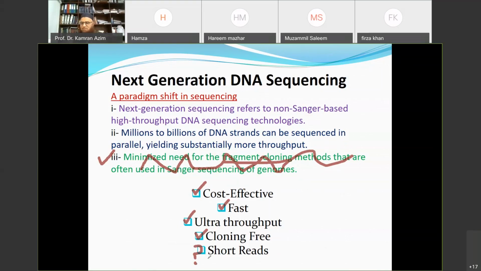So this is one of the disadvantages of NGS compared to the Sanger sequencing method. I think this is clear, because I'm comparing the Sanger sequencing method with next generation DNA sequencing.